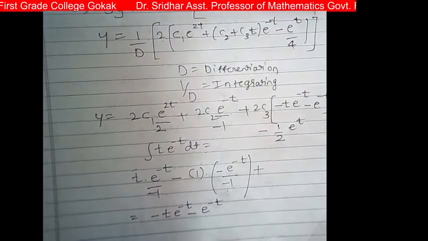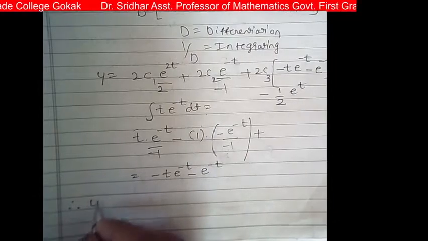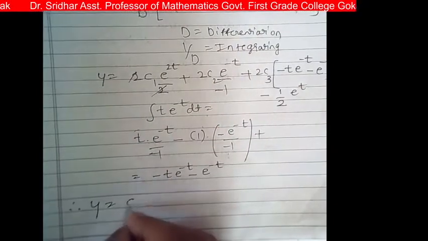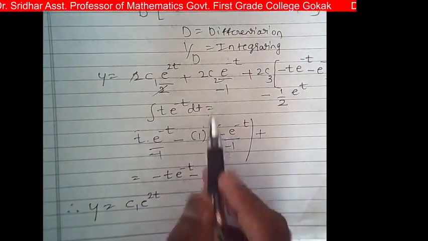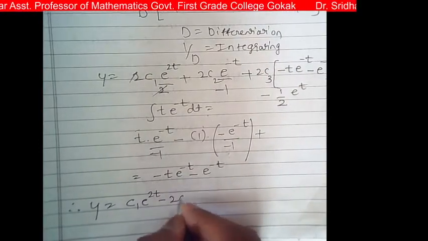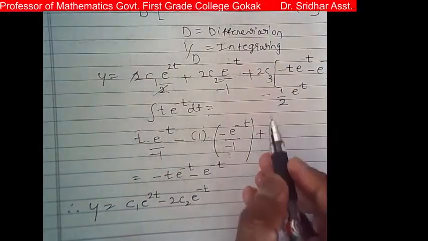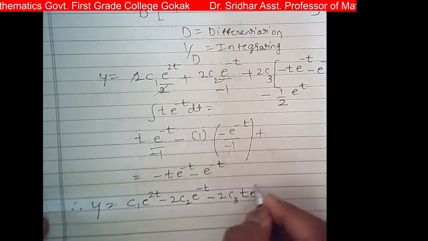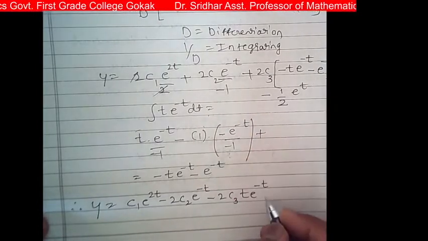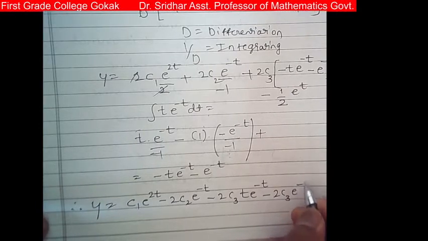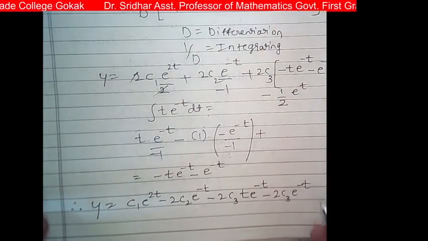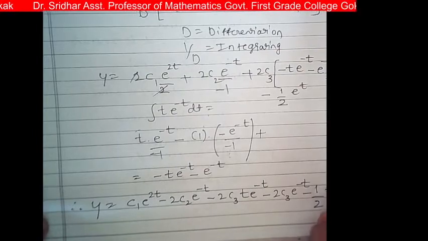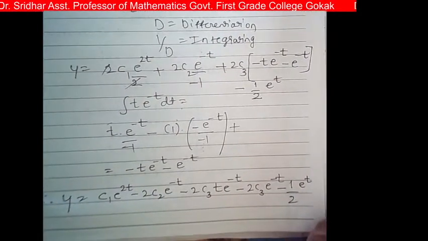So finally, on simplifying, the 2 gets cancelled and y is equal to c1 e raised to 2t, then minus 2c2 e raised to minus t, then minus 2c3 t e raised to minus t, then minus 2c3 e raised to minus t, and the last term minus 1 by 2 e raised to t.